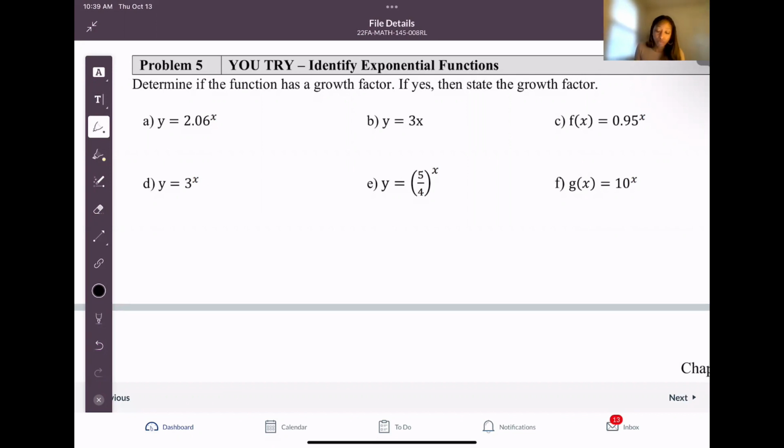It does have a growth factor. The growth factor would be the base b. So we'd say yes, and b, which is the growth factor, is 2.06. Okay. For part B, y equals 3x. This is a linear function, and linear functions do not have a growth factor.